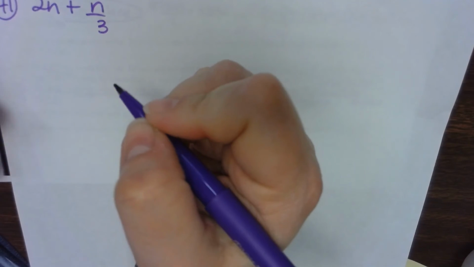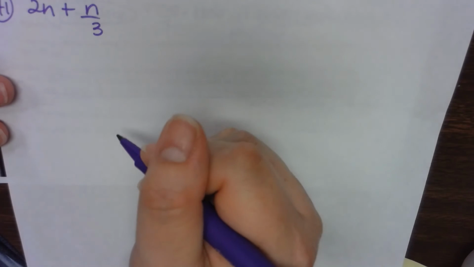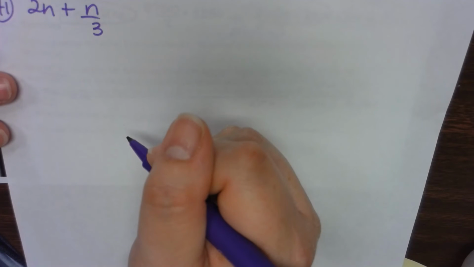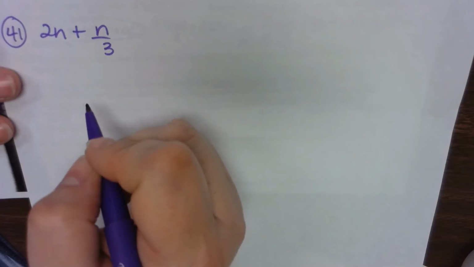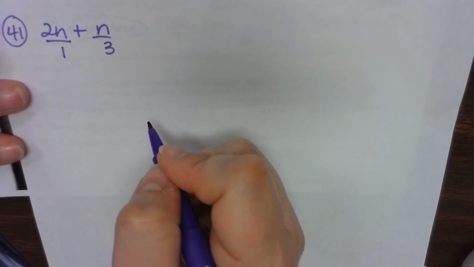Okay, so what we can do here: if I have fractions and I am adding them, I can look at 2n as though I have this over 1. Now remember, if you're going to add fractions, they have to have the same denominator.